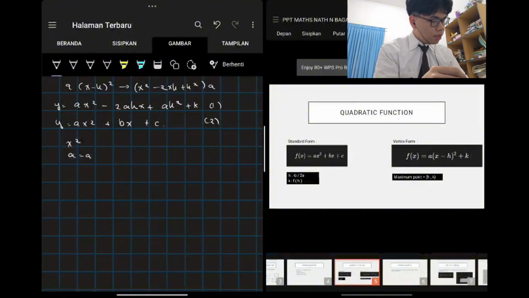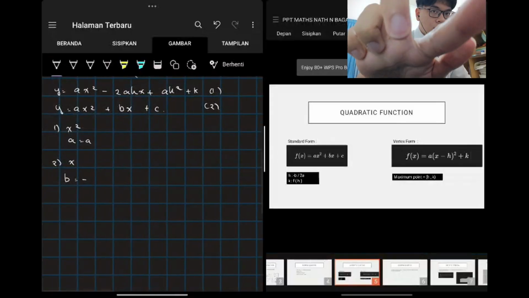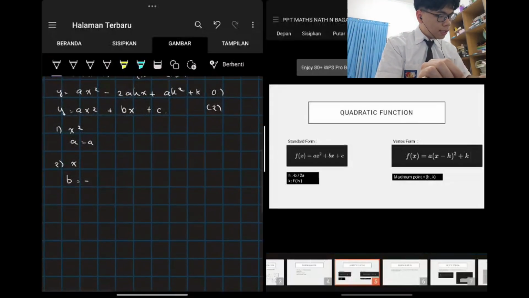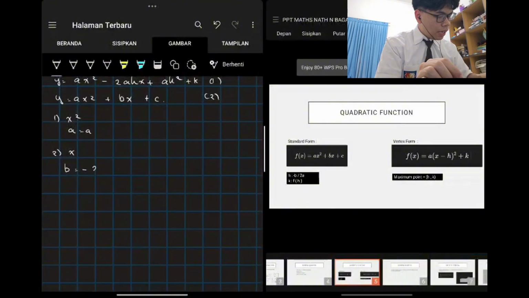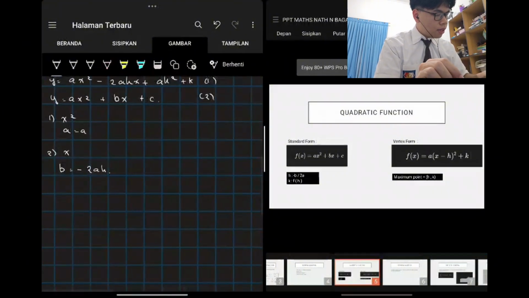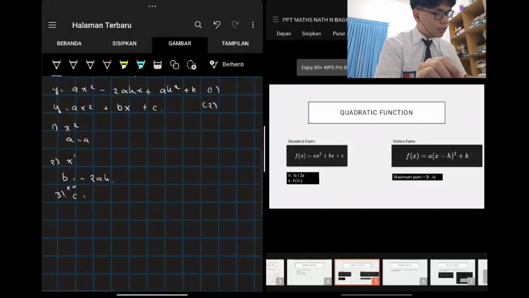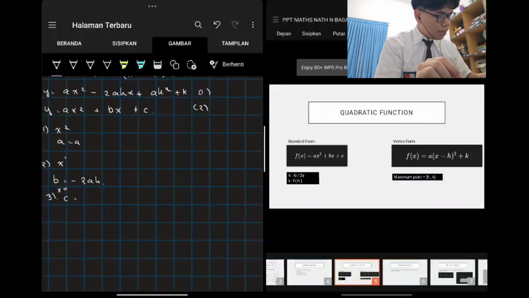And then for the x term, b equals minus 2ah. And then the third one being c, this is for the x zeroth order, by the way, c equals ah squared plus k.